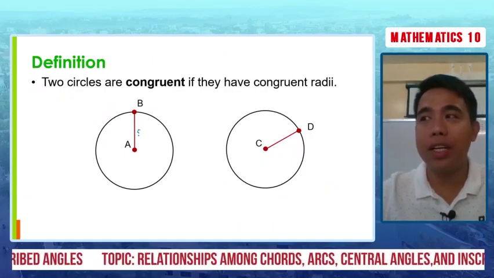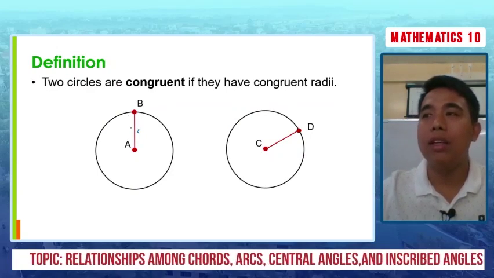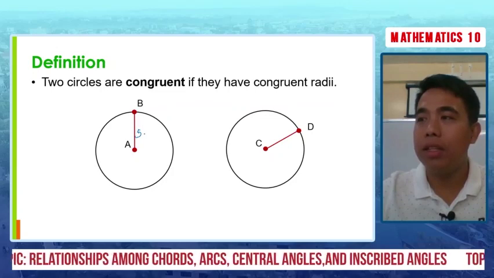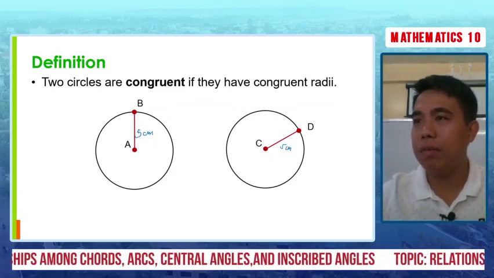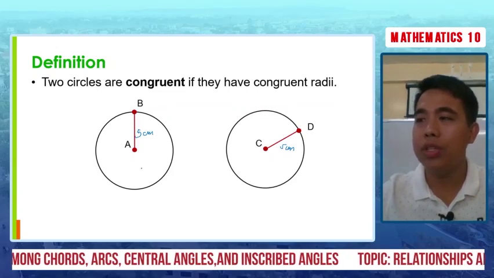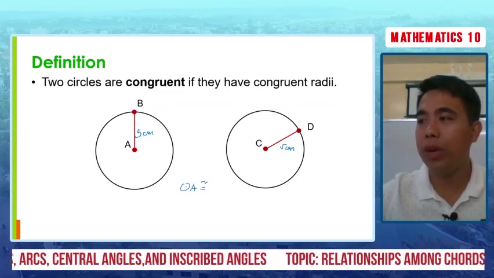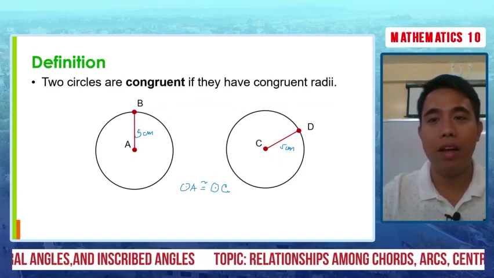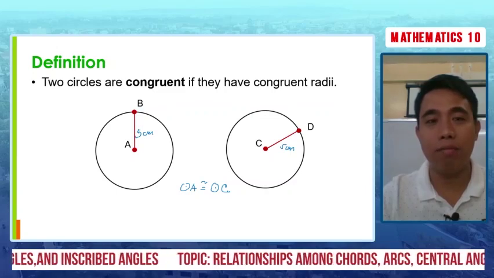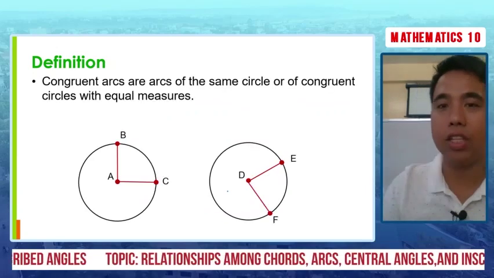So, 2 circles are congruent if they have congruent radii. So, for example, this is 5 centimeters and this is 5 centimeters. Then these 2 circles, circle A, is congruent to circle C because they have the same measurement ng radius. Now, let's have another definition.